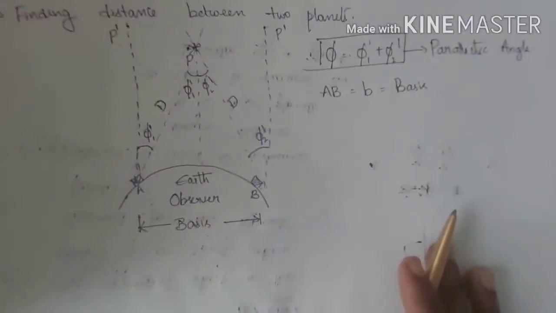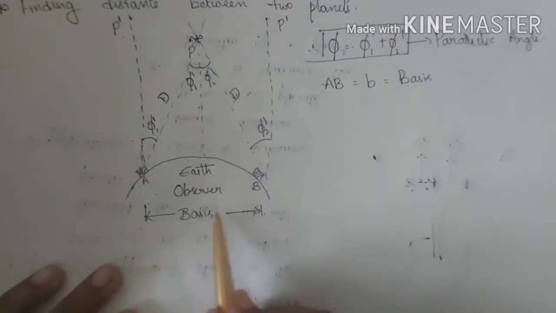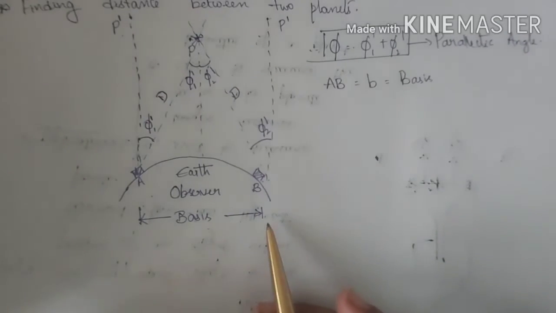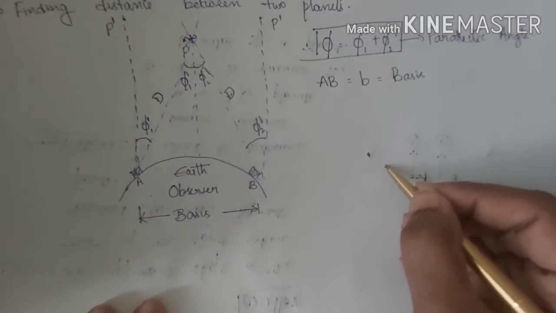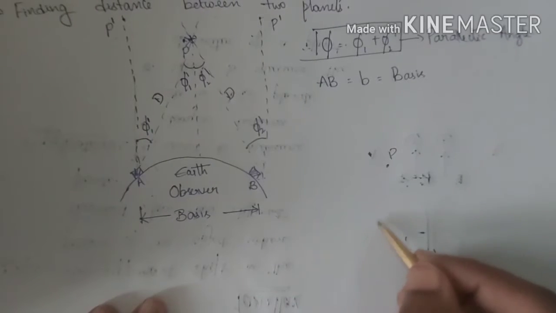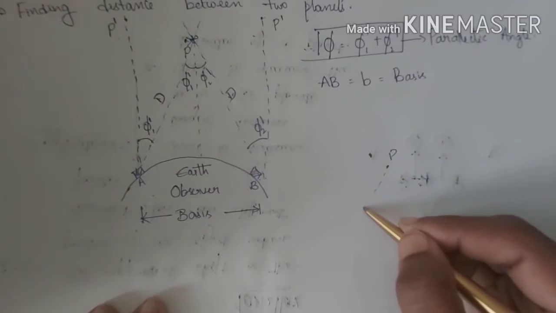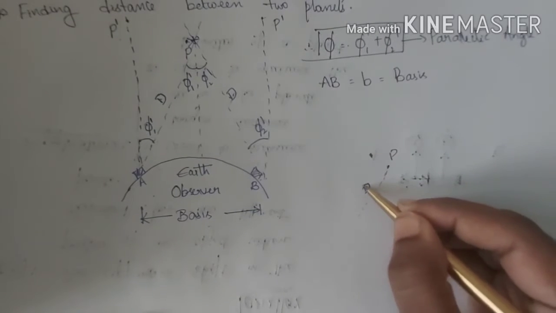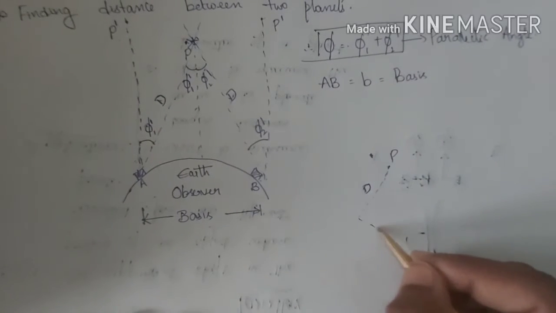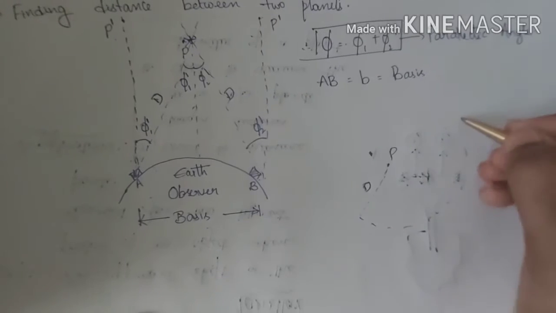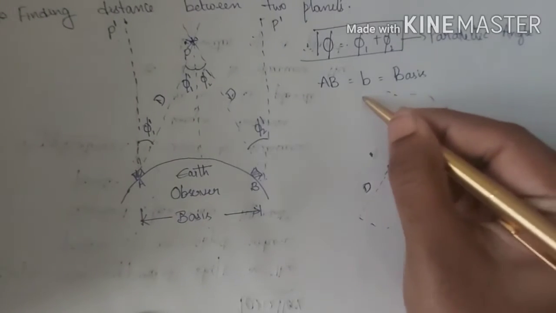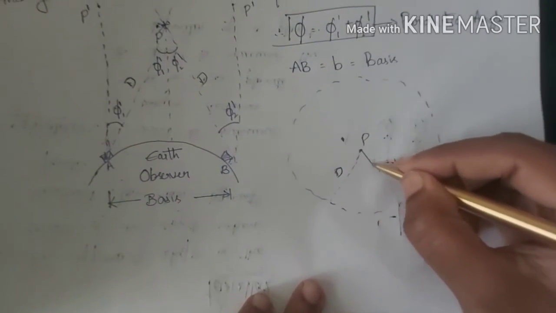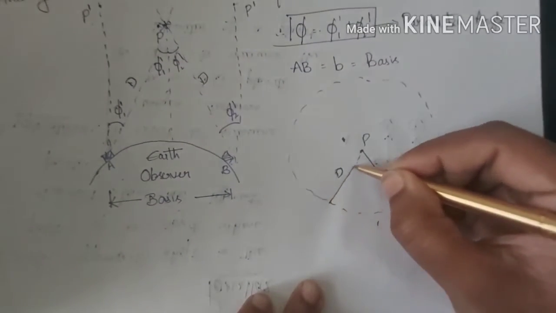Now if I take D as the radius and draw a circle with P as the center, everything will be dotted. I'm just joining here.